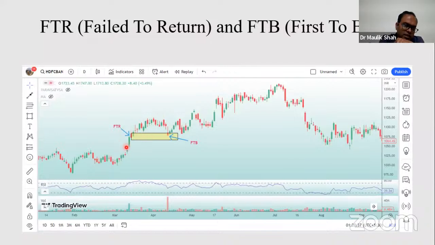We call this single candle first to return. And when the price returns back over there, the people who had bought over here again start buying over here. So then it doesn't fall back, it rises up. We call it first to back, and then it goes up.